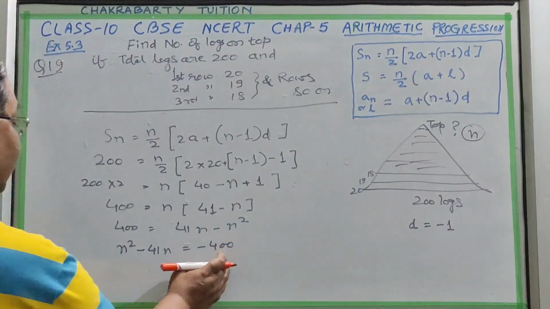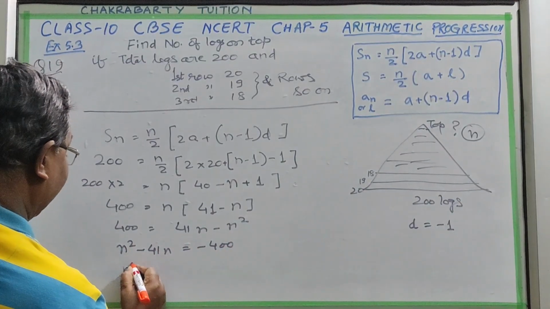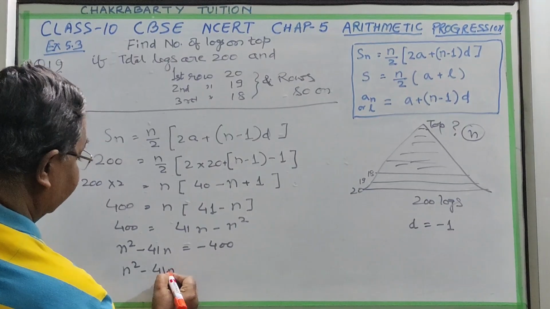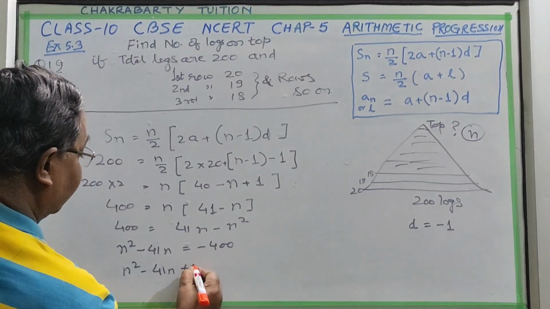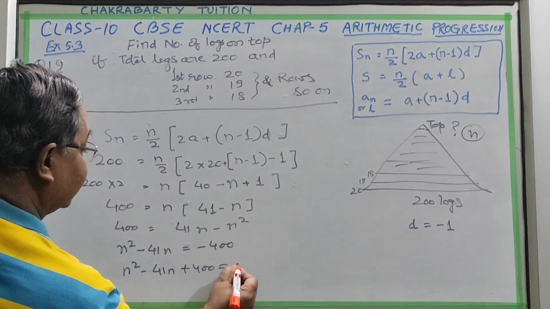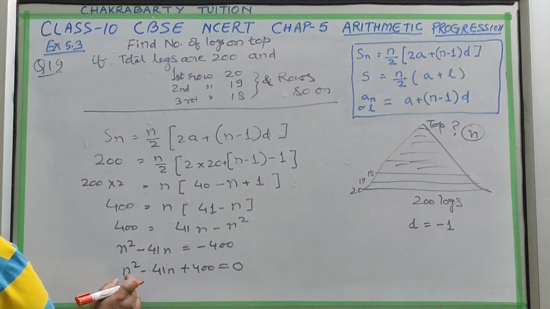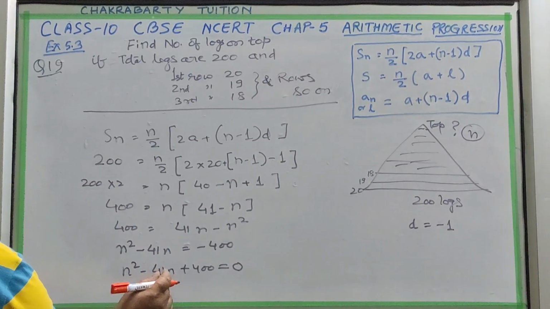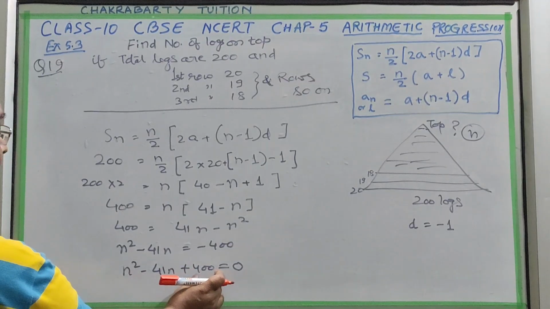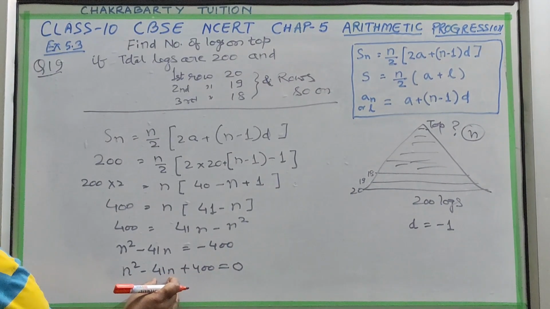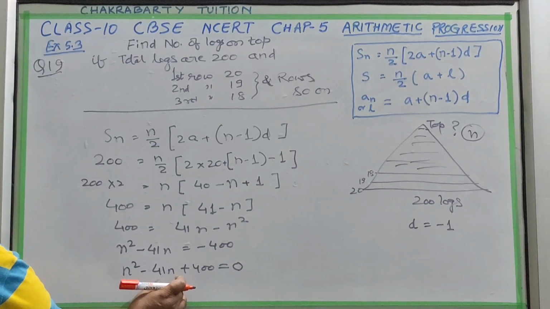So this 400 also we will take to one side so that we can solve by factors. It is n square minus 41n plus 400, and now it is an equation in the variable n. So we will solve this here. We will make factors of 400 in such a way that the sum comes equal to 41.